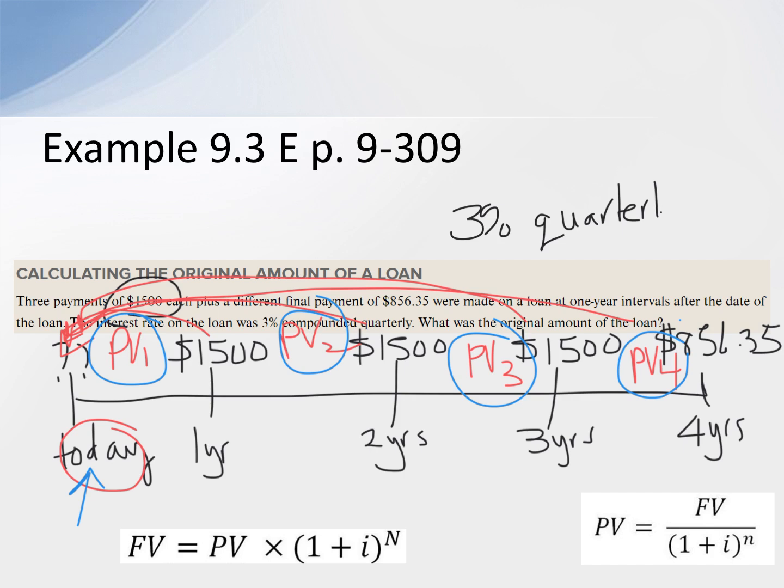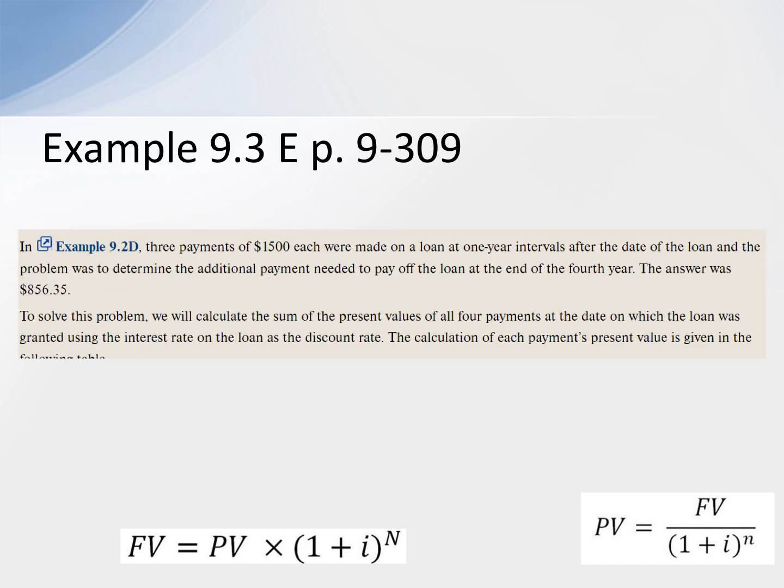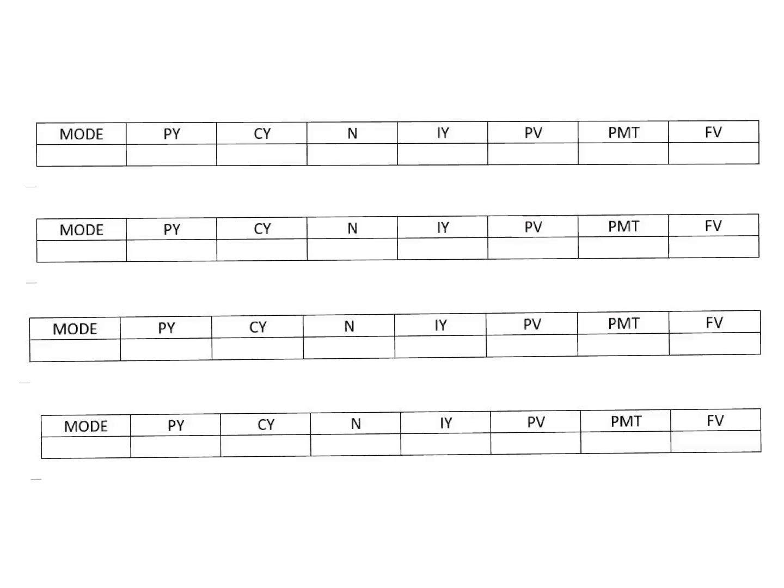So we're going to need 4 templates. I can pull 4 templates over for us to fill out for each of those 4 present value calculations. I've pulled together 4 templates here for our variables. The reason for that is we have 4 payments in the future for which we're finding the present value.